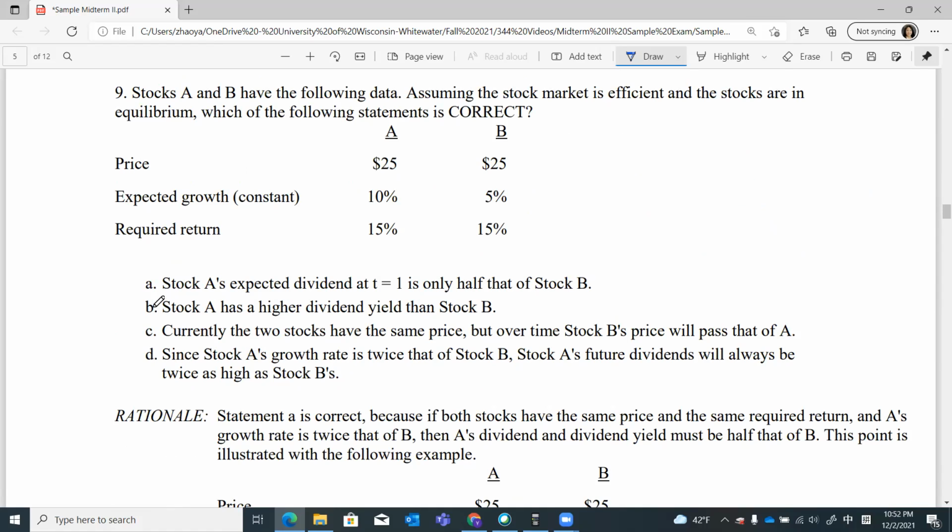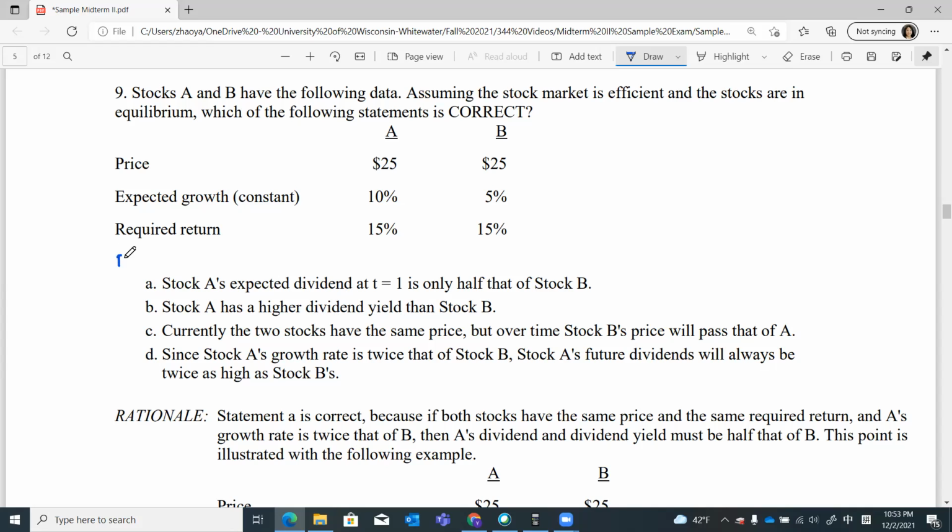Question 9, stocks A and B have the following data. Assuming the stock market is efficient and the stocks are in equilibrium, which of the following statements are correct? If you look at here, we found that the choices are mainly focused on dividend yield, right?